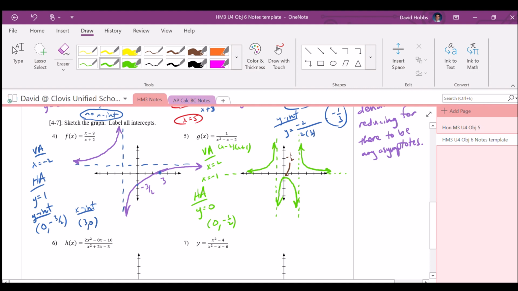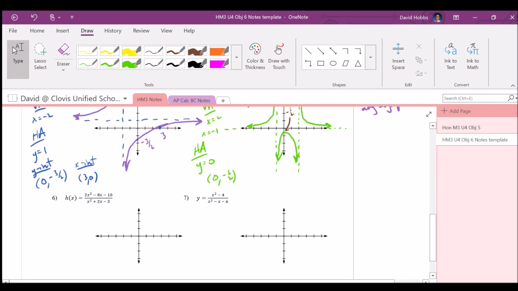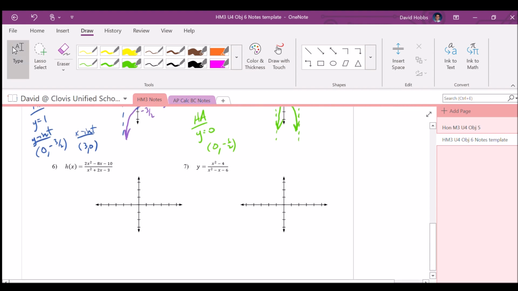Because as you go to the infinities, it goes to the horizontal asymptote elevation, because that's what we were doing when we're figuring out the horizontal asymptote. We're taking the limit as x goes to infinity. Okay, so 2 more problems that we're going to go ahead and do. And hopefully it starts to click in a little bit better now.